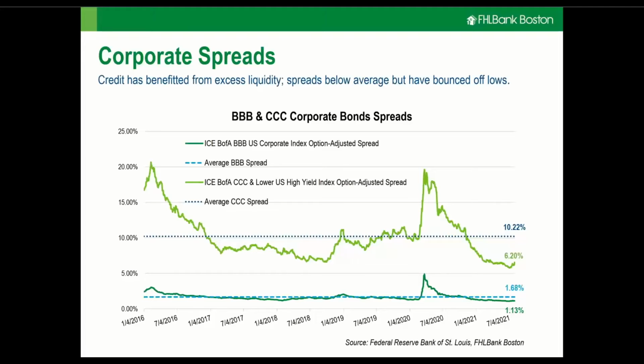You can't see it as well on the BBB line just because of the scaling, but those spreads bottomed at 107, and those lows were effectively floors, as you can only get so tight on spreads before it becomes unattractive as an investment option. So as these spreads have started to come back up a bit, there could be some negative price sensitivity in the near term, and spreads could continue to normalize here.